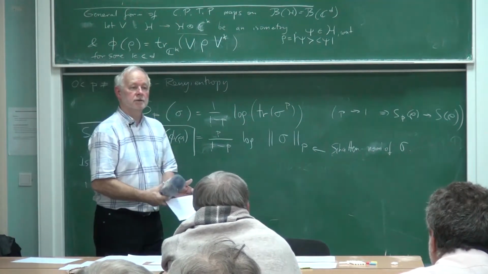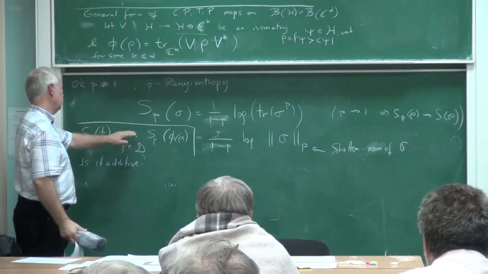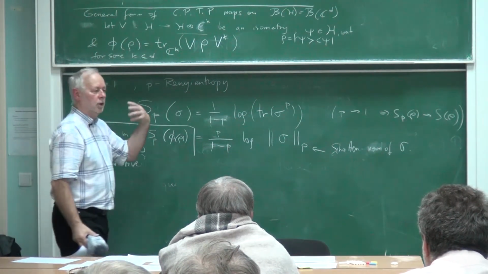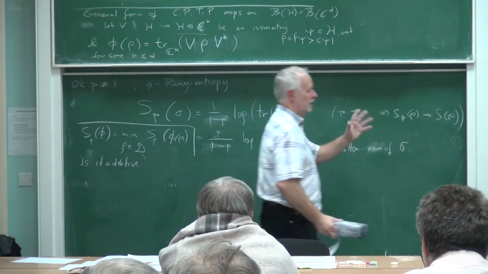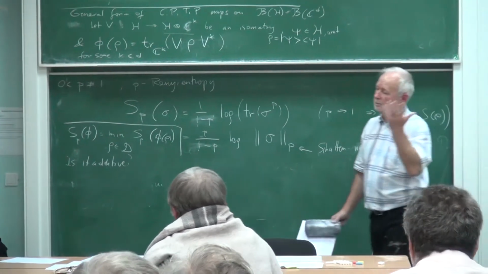Okay, now why is it interesting? First of all, this Renyi entropy often appears in information theory as some kind of a smoothening of the standard entropy, and has some interpretations.